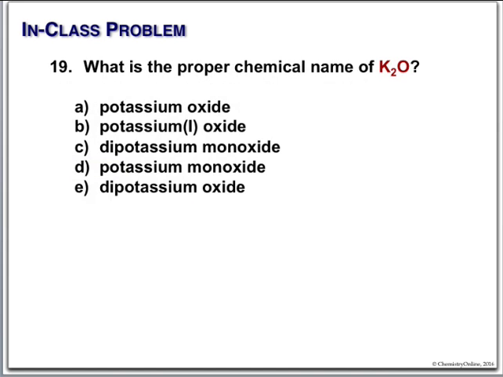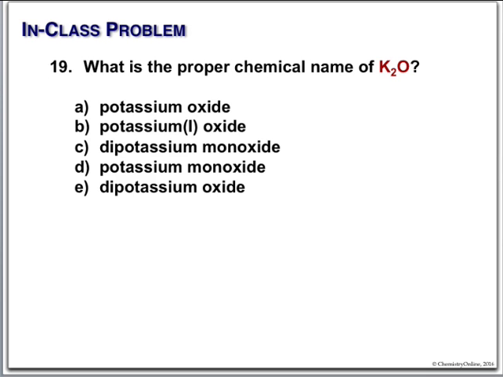Another nomenclature question. What element is K? Potassium, right? Phosphorus is P, potassium is K. All right, so we look at this and we say, what's the first thing we say to ourselves?